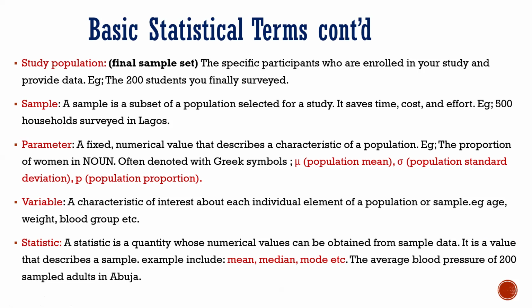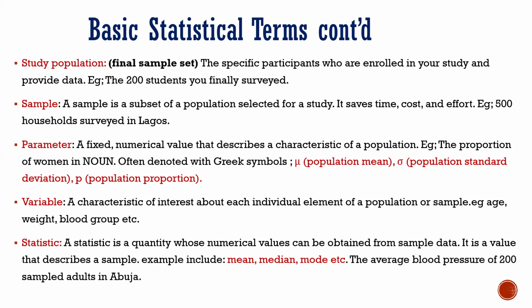Like I said, when you are carrying out a research, you will have your target population. Let's say you want to carry out research on diabetes. Your target population is every person that has diabetes. But in real life, the people that you actually have access to and select to carry out this experiment, whether in a laboratory or a questionnaire-based research, are your study population.